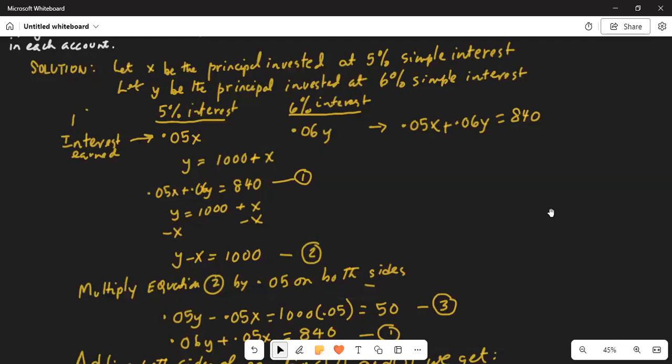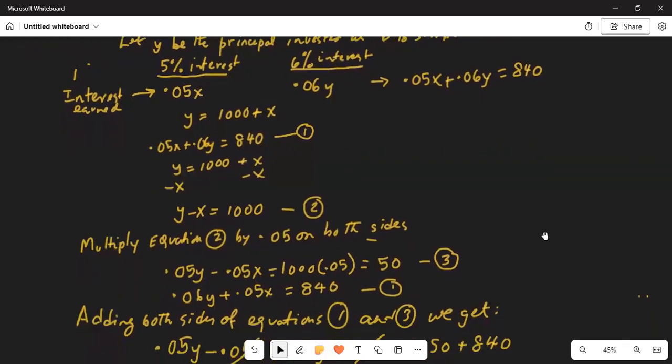And we also know y equals 1000 plus x, which we will manipulate to move the x's on the left-hand side with y. So y minus x is 1000. So we have now two equations, 0.05x plus 0.06y equal to 840, and y minus x is equal to 1000.